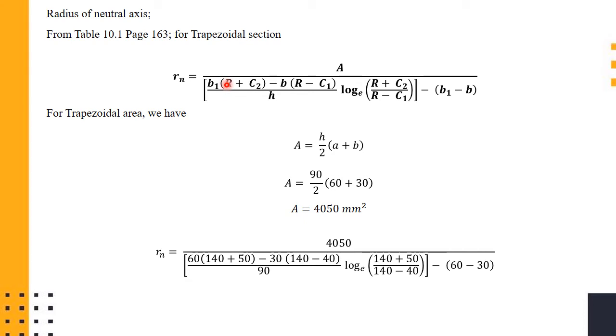You can refer back to the figure in table 10.1: R is whatever the distance is till the inner surface plus c1, that is till c1 where it ends. That axis is the centroidal axis. So R is the radius of the centroidal axis, and that value you have to substitute here. With that you can get the radius of the neutral axis. This is the radius of the neutral axis.